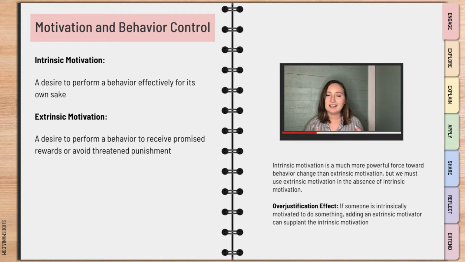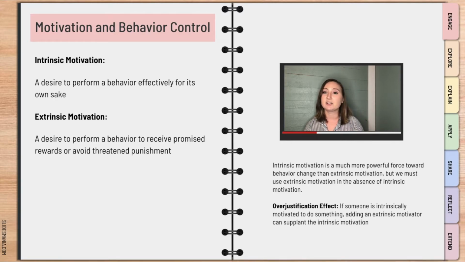Over-justification, however, happens when you are intrinsically motivated to do something, but then someone applies an extrinsic motivator. So let's say you love reading, like it's your favorite thing in the whole world, and your mother offers to pay you to read. You were intrinsically motivated to read already. You didn't need the money to read, right?